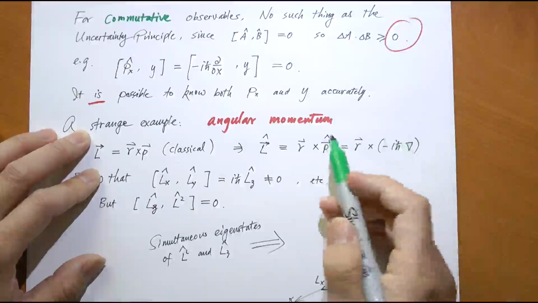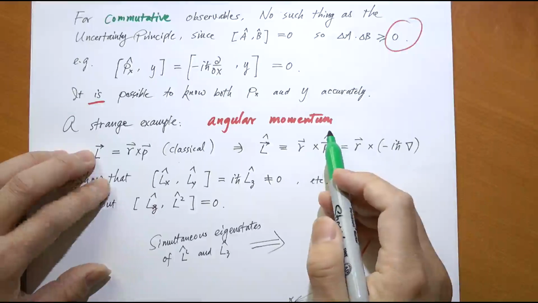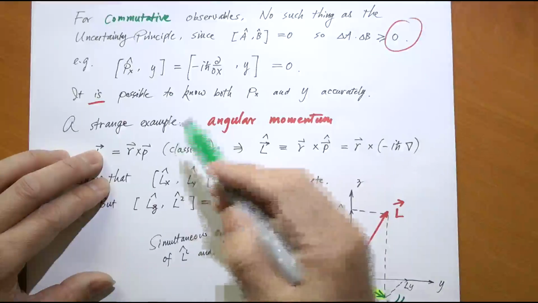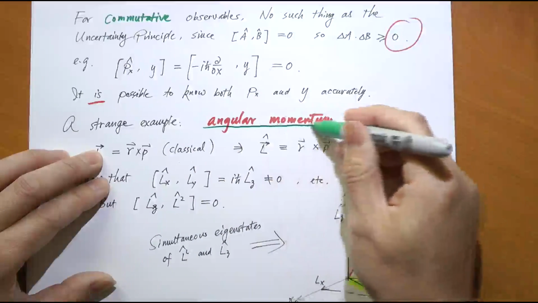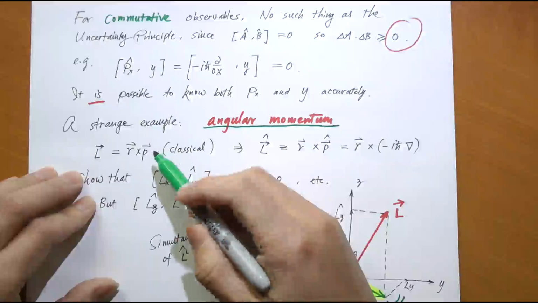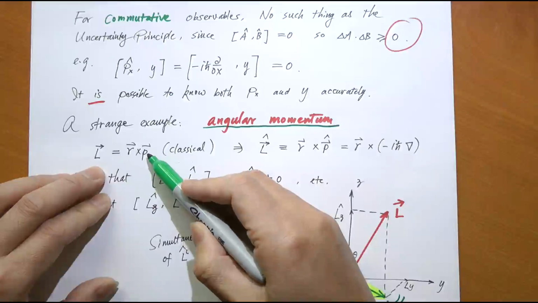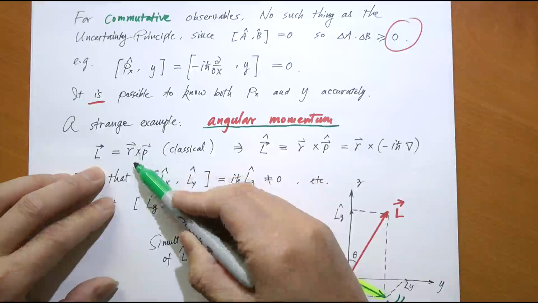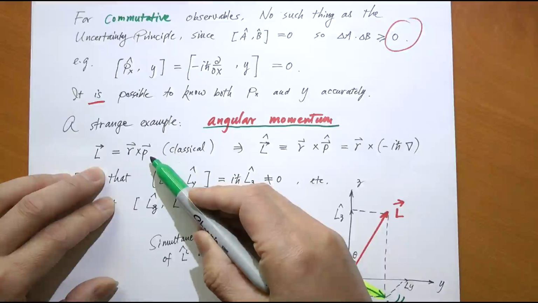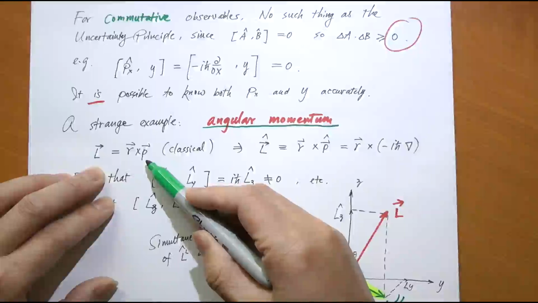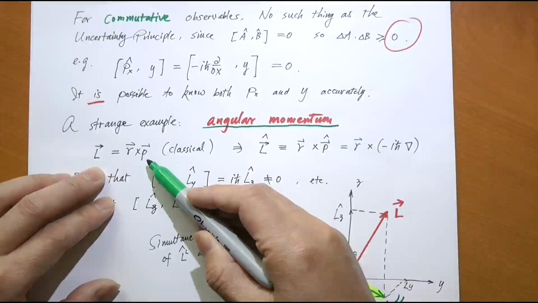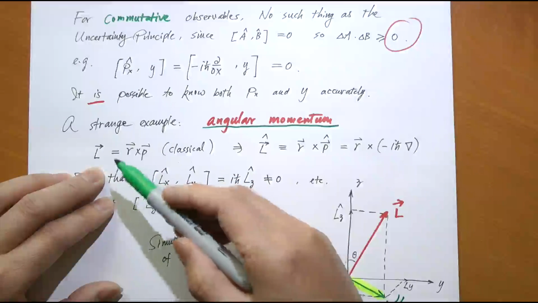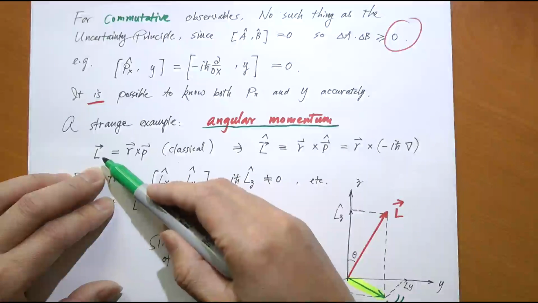Now I want to direct your attention to a strange example when it comes to the uncertainty relationship, and that is the so-called angular momentum. We know what angular momentum is, right? Classically, the angular momentum of a particle with linear momentum p, a distance r away from the observation point, is r cross p. Recall that from physics 1A, classical representation. It is understandable that when we go to quantum mechanics, we have to represent the angular momentum also as an operator.